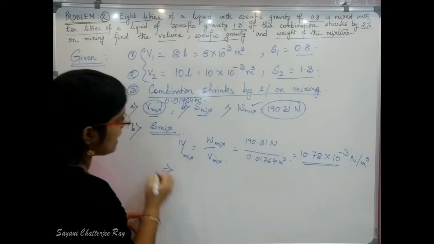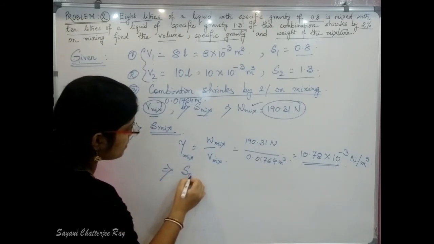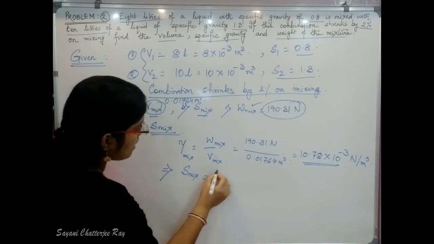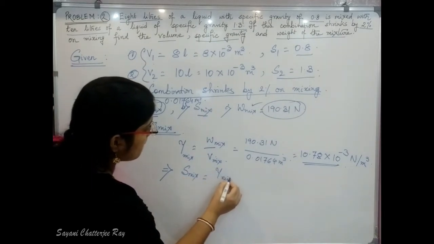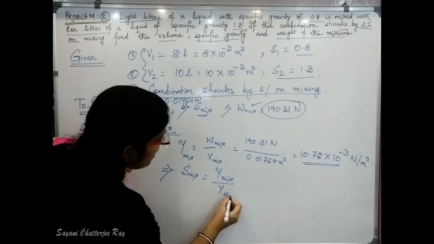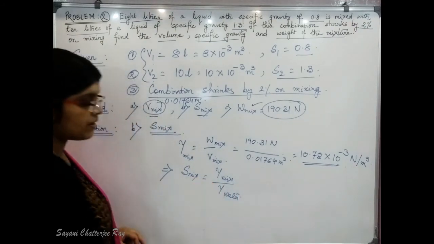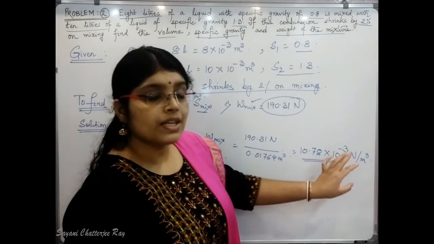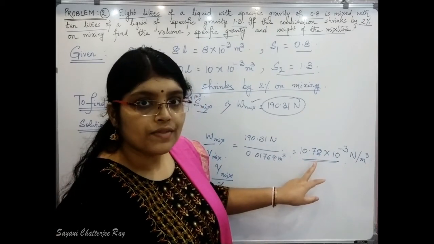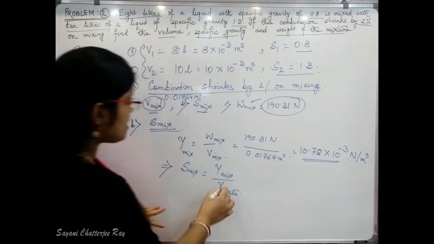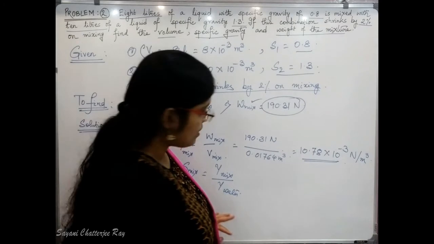Therefore, we know that S mix is equal to gamma mix by gamma water. Correct? Now we will substitute the value of gamma mix as 10.78 into 10 to the power minus 3, and gamma water is 9810.